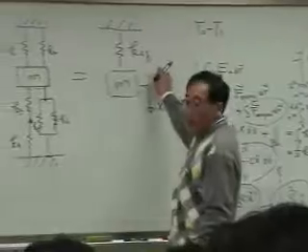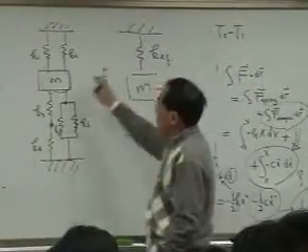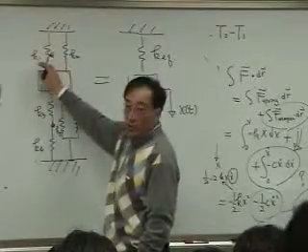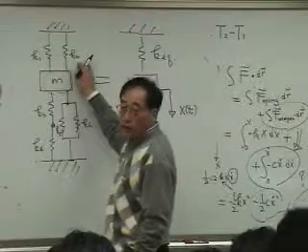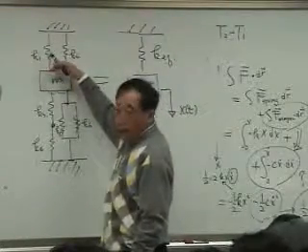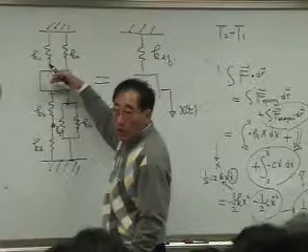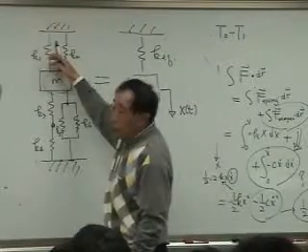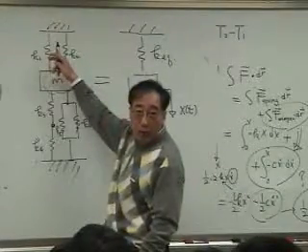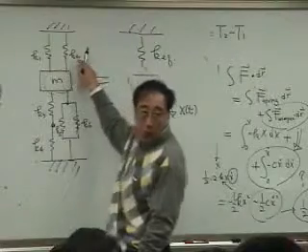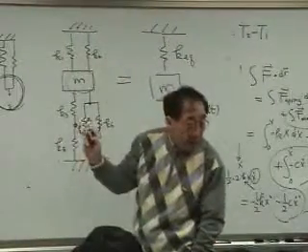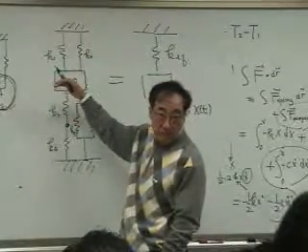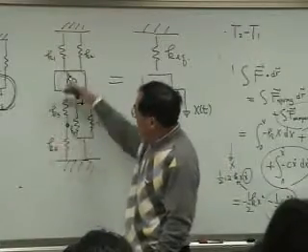Okay, how can you get K_eq? Suppose, what is the equivalent stiffness that can replace K1 and K2? Suppose I have unit displacement over here, the deflection I have is 1, the force I have is K1 multiplied by 1, and the force I have is K2 multiplied by 1, right? But that is the force acting on this mass. And what about over here?